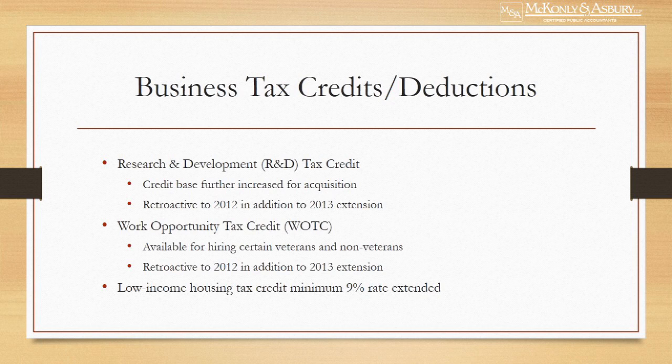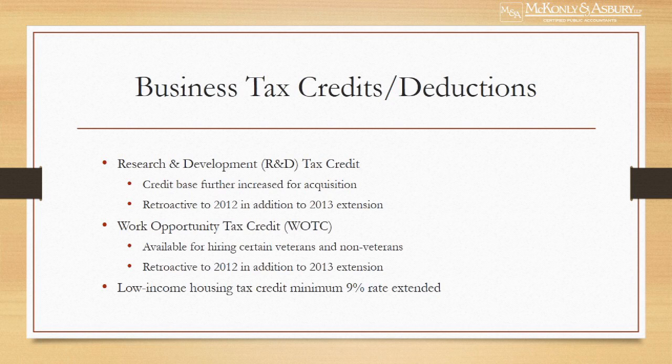And obviously, with unemployment rates continuing to be quite high, these were two credits that the IRS and federal government had no intentions of removing anytime soon. So, as we expected, both credits in their entirety were extended 2013 and retroactively extended for 2012.